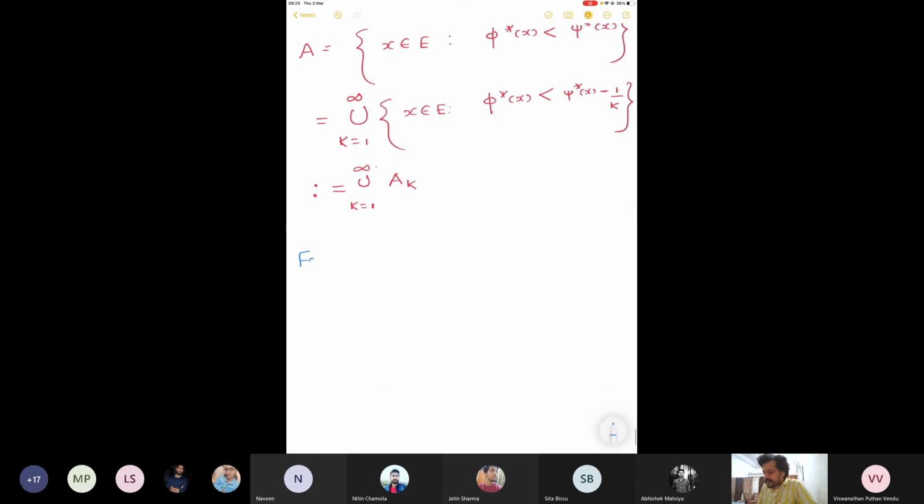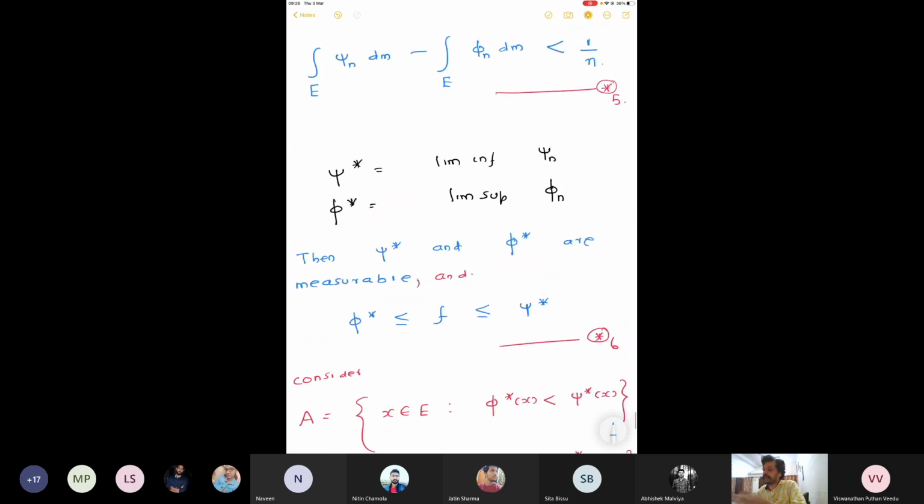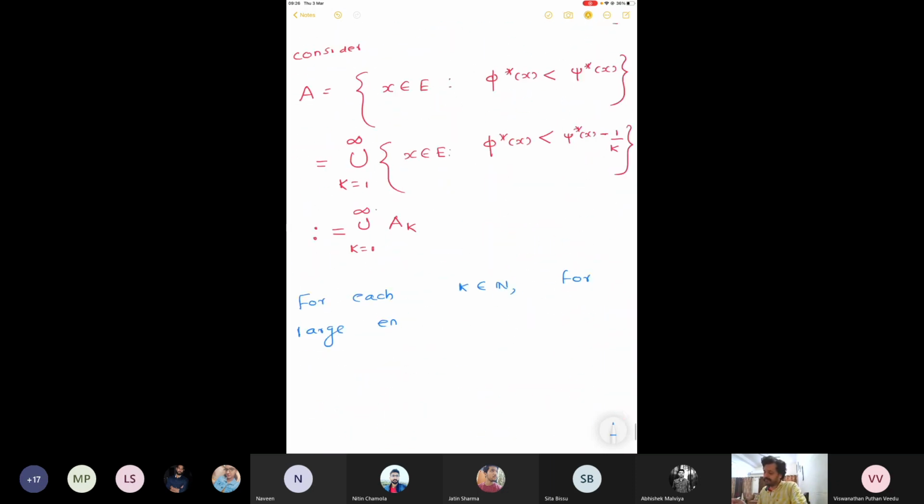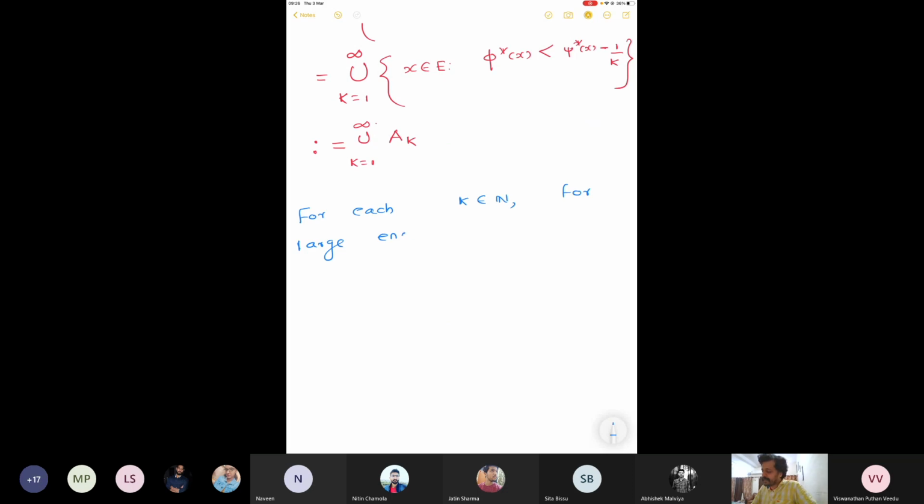Now for each fixed k in N, you can take n large enough. Remember phi star and psi star are lim sup and lim inf. With that in hand, for large enough n we have phi n of x less than psi n of x minus 1 by k on A_k.